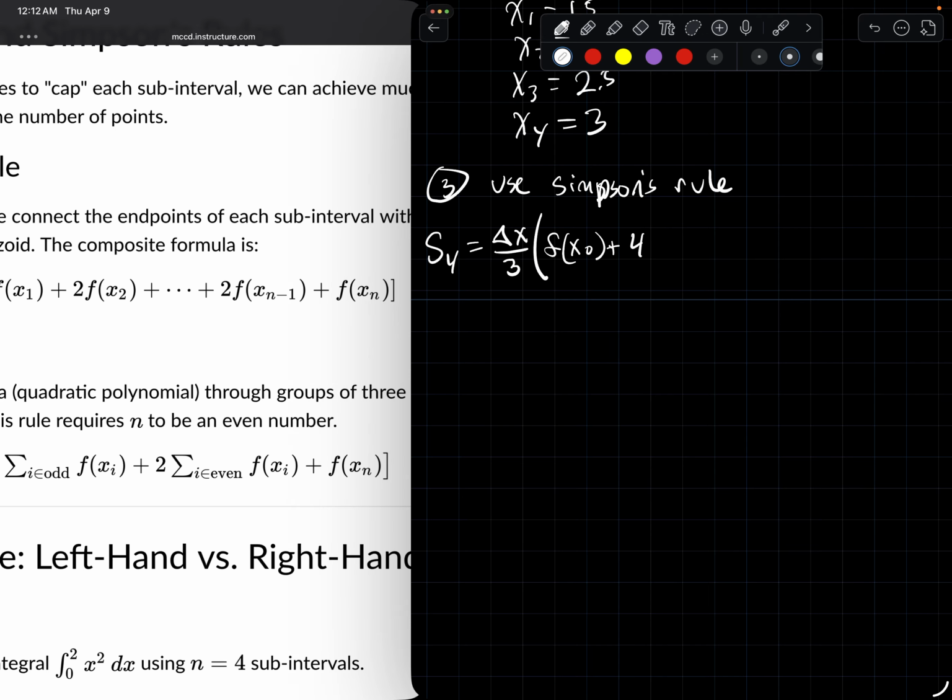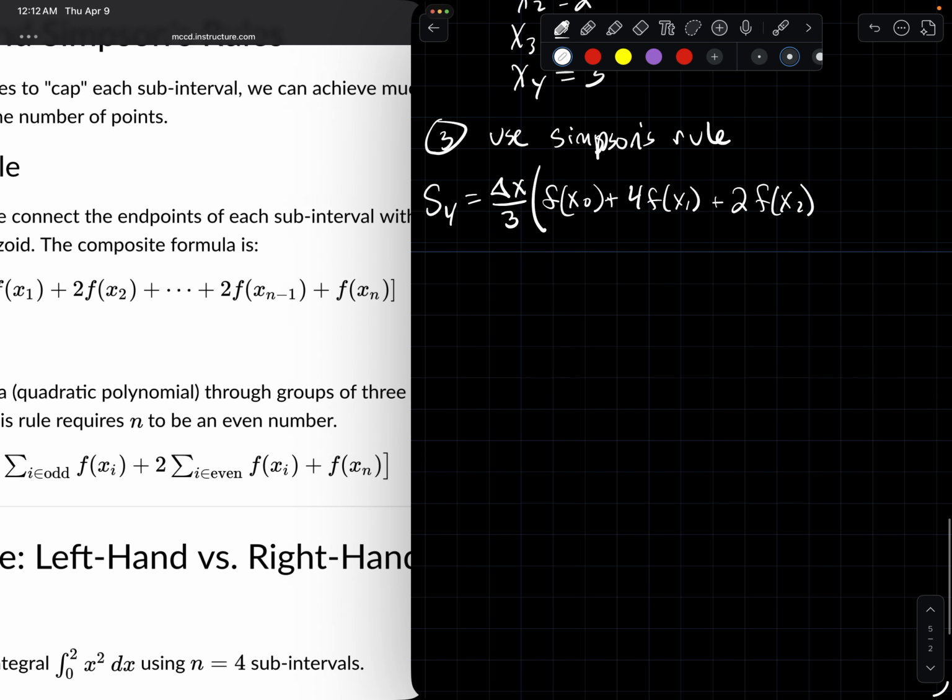So it's 4 f of x1 plus 2 f of x2 plus 4 f of x3, and then the last one is x4, so we'll have plus f of x4, which I'm kind of out of space again.